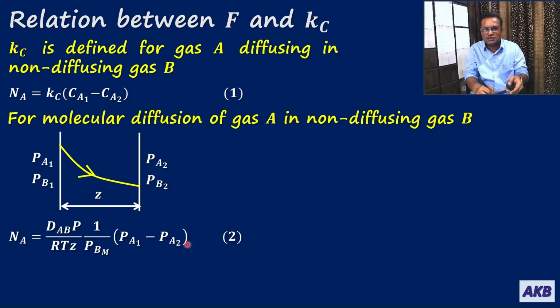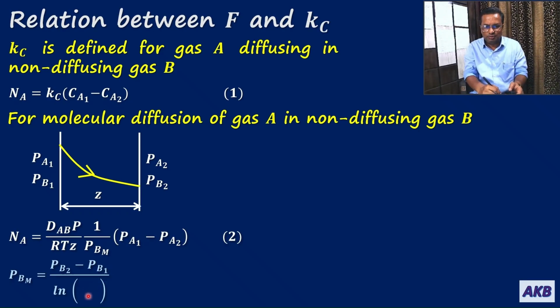Because this equation is applicable for molecular diffusion of gas A in non-diffusing gas B. So ultimately, we are going to replace the group that characterizes molecular diffusion with F. And in this equation, PBM is PB2 minus PB1 upon ln of PB2 by PB1. Let us move ahead.